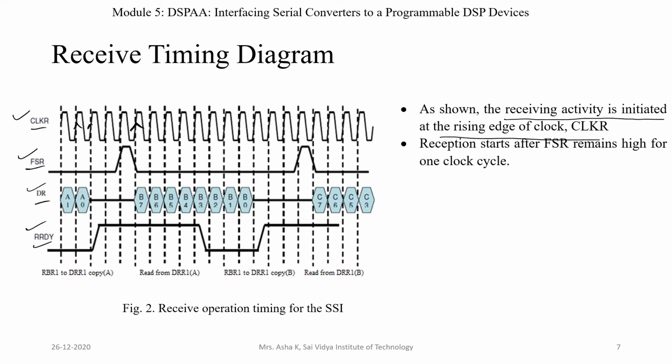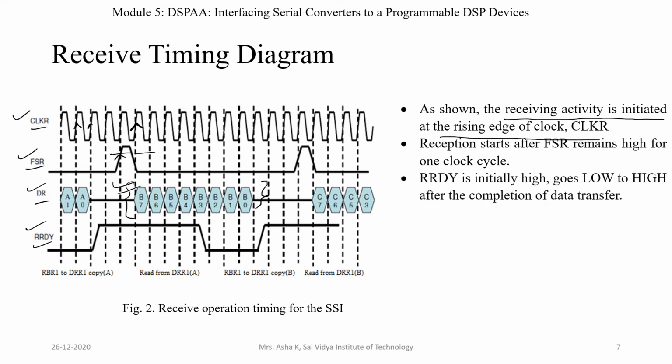The reception starts after FSR remains high for one cycle. The receive ready signal RR is initially high, but it goes from low to high after completion of the data transfer, that is, after completing one set of data.